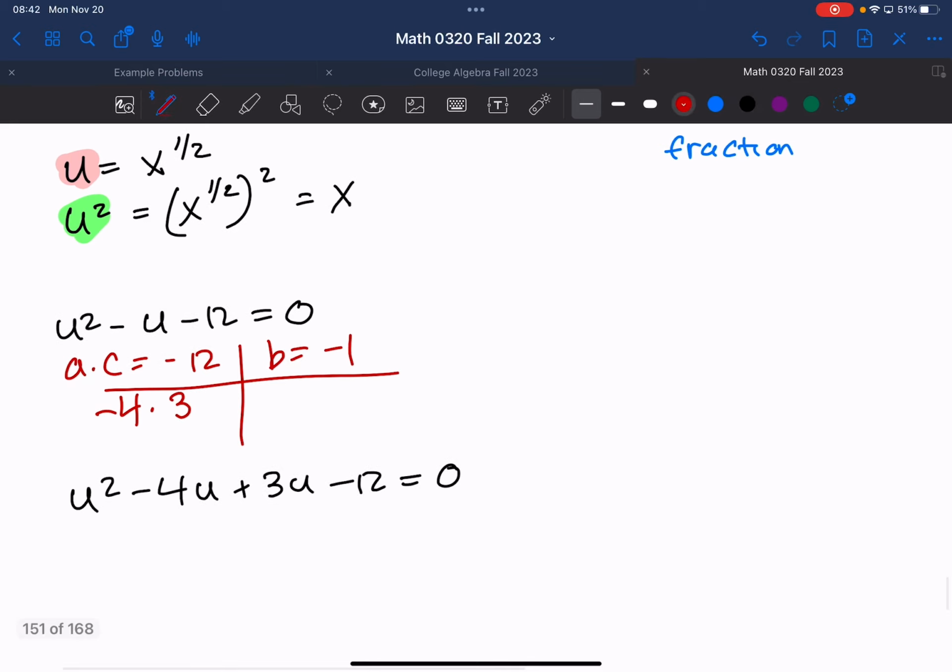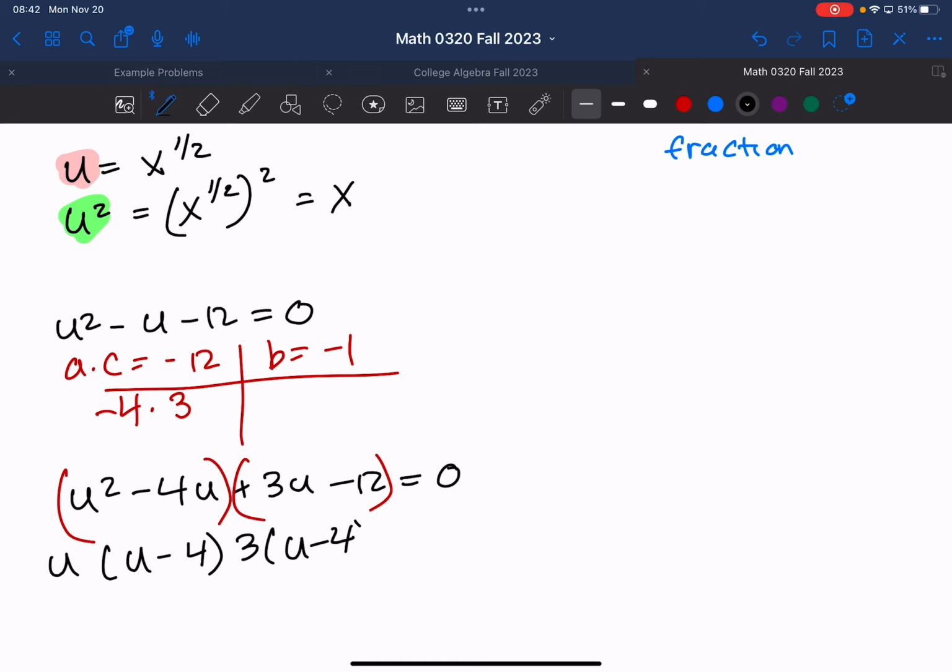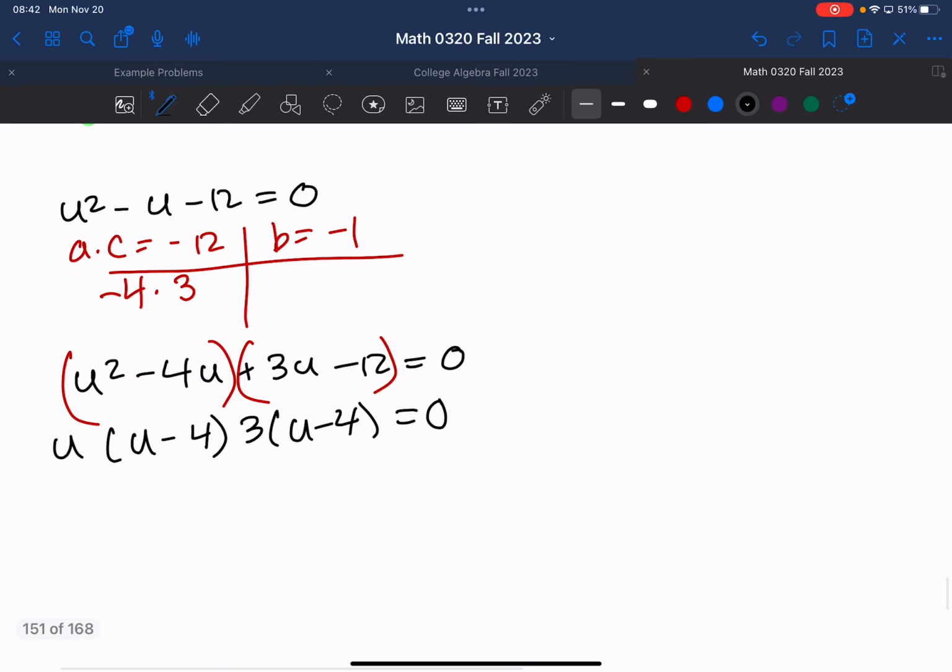Now we do factor by grouping. And what's the first thing we can take out? A u. So we're left with u minus 4. And then what? A 3. And we're left with u minus 4. So we have u minus 4 times u plus 3 equals 0.